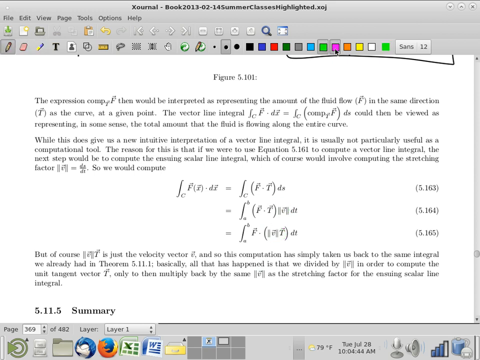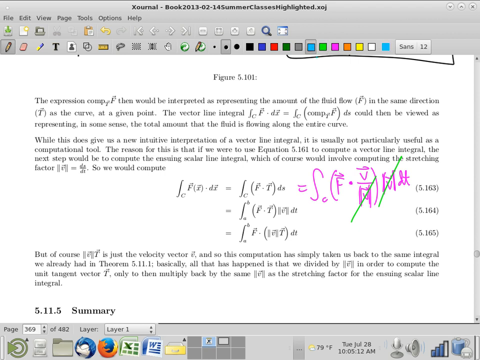Right? In practice, in fact, you would probably be writing down, you would compute that unit tangent vector T as v over the magnitude of v. You would be computing ds as magnitude of v dt. So why compute the magnitude of v, multiply and divide by it if those factors are just going to cancel?